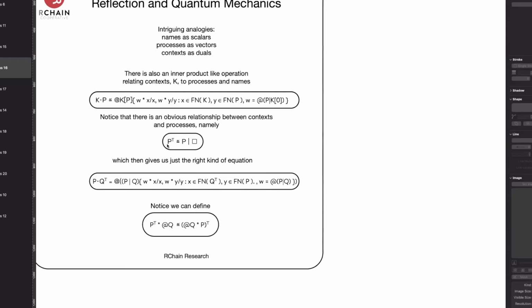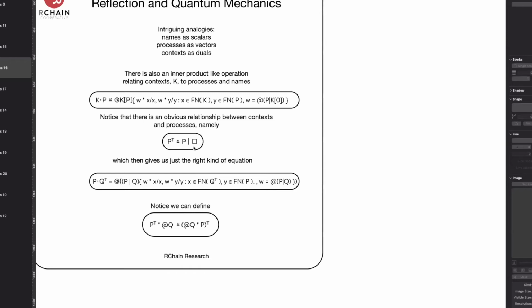Right, so we can define the dual of a context to be apply the context to 0, and then you get back to P. And then if you take the dual of P, well, you'll introduce the hole again. Right, so that gives you a notion of duality.